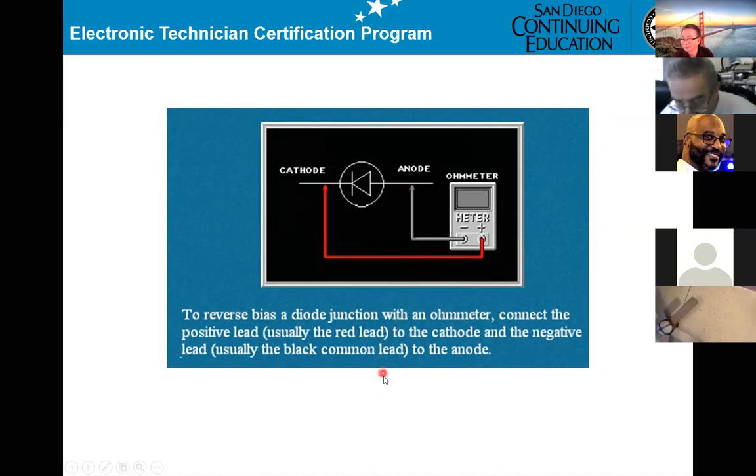If you connect forward, you can get 0.5 volt or 0.65 volt. When you connect the other way, you get nothing, overflow. So the diode is working.